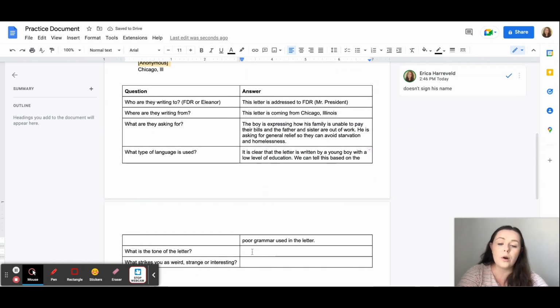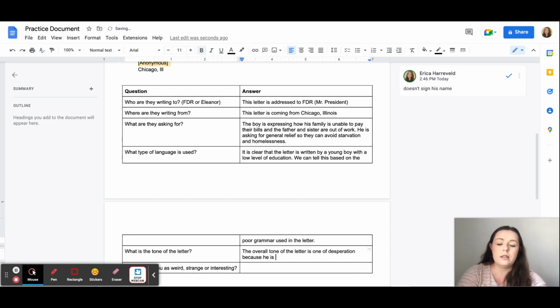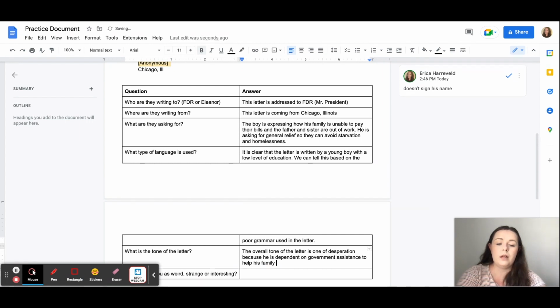So the tone of the letter, to me, the overall tone is one of, I would say, desperation, because he is dependent on government assistance to help his family.